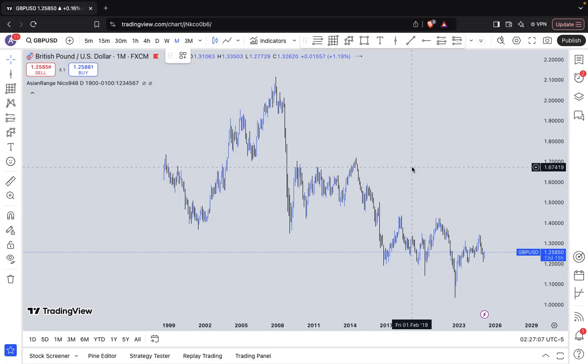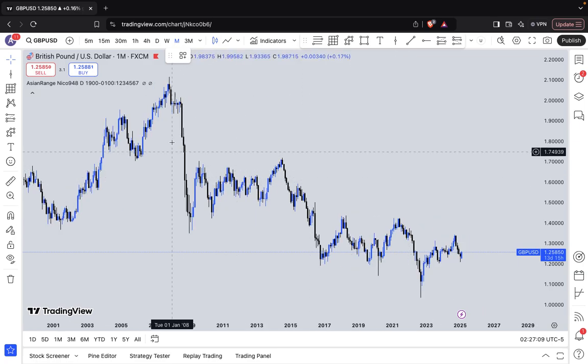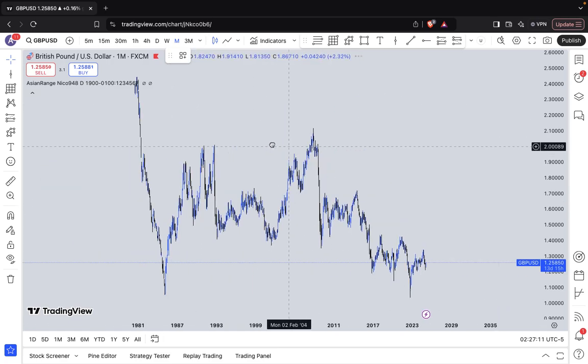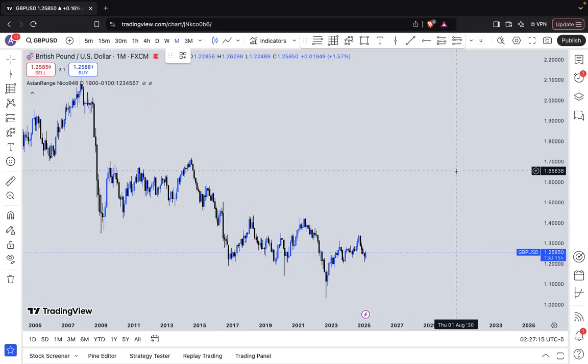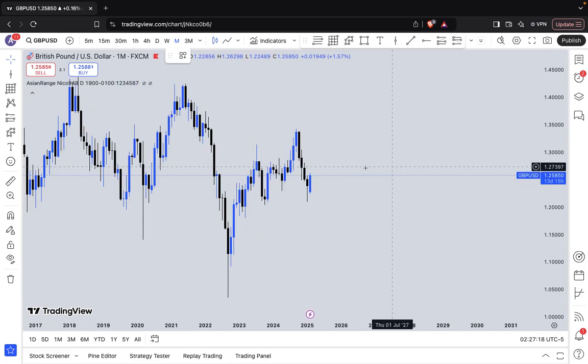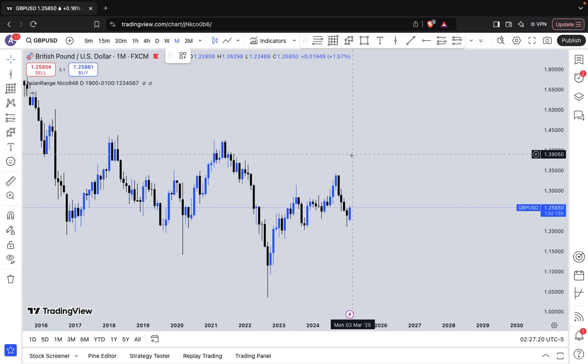Now, if you look at the trend, you can see that we have been bearish for a long period of time. But if some of you guys understand how the Fibonacci works, you will really love this video. Price moves from internal liquidity to external liquidity, and from external liquidity to internal liquidity.